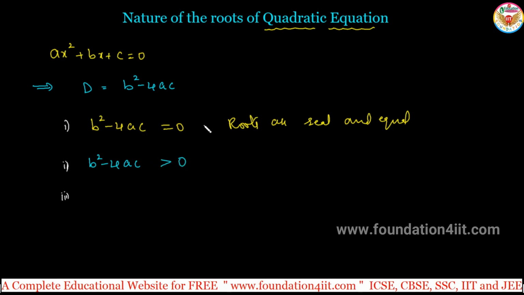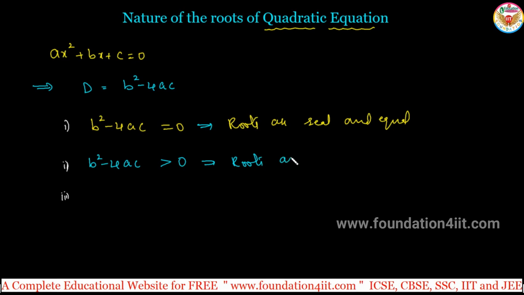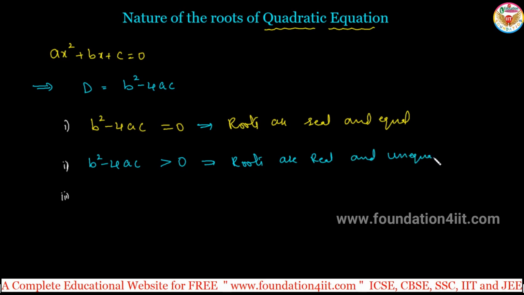If it is greater than 0, then the roots are real and unequal, so we get two different values. Equal to 0, we get the same roots for both. Greater than 0, roots are real and unequal.